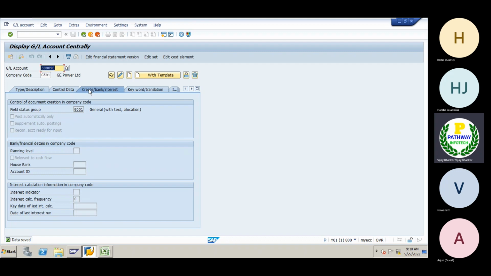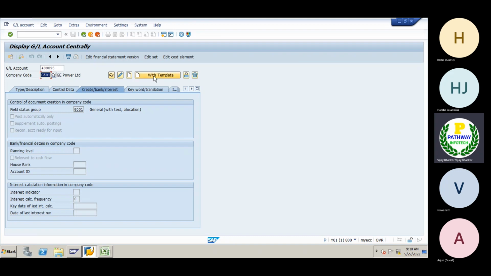The next ones which I am going to create are the valuation loss and valuation gain accounts. So this is the valuation loss account.